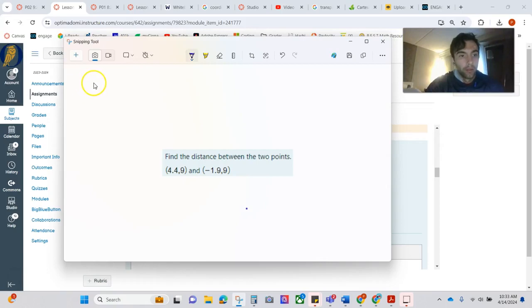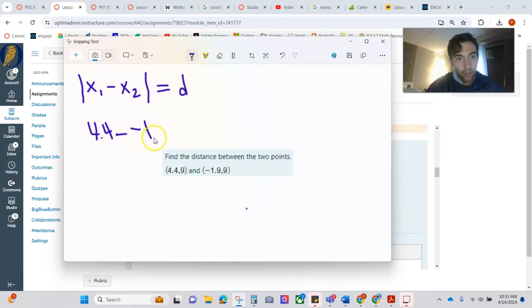The formula we can use is the first x minus the second x, and then find the absolute value of that difference, meaning just turn it into a positive, and that will equal the distance. Okay, let's put this into action. The first x value is 4.4 minus the second x value, which is negative 1.9.